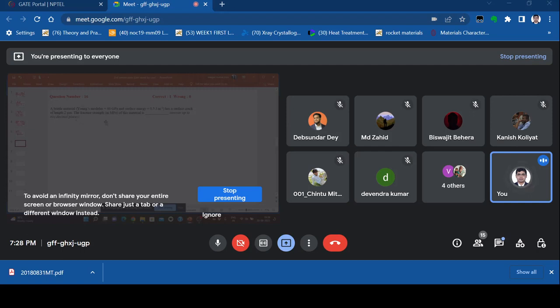So I'm going to the next question, that is related to the fracture strength, or we can say the Griffith criteria of fracture, brittle fracture. So I will explain this concept. What does Griffith's law actually mean?